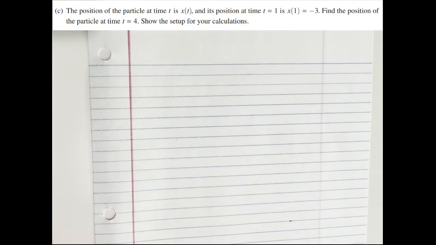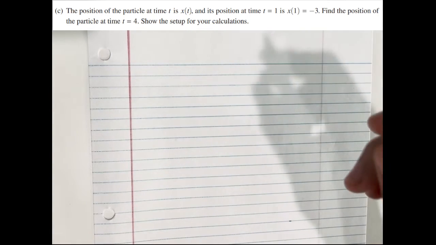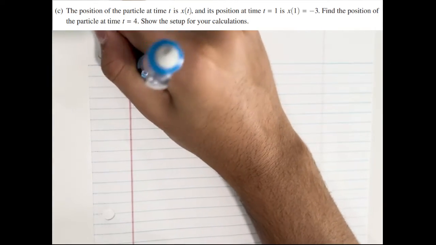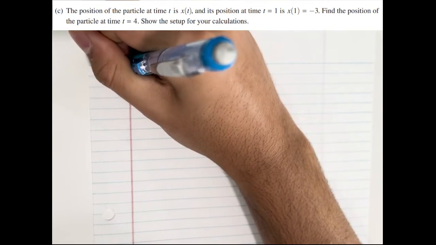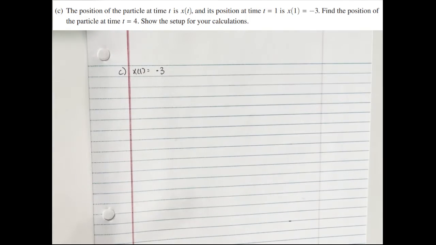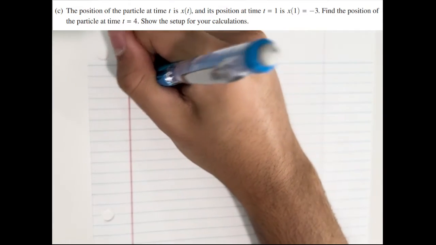Question C asks, the position of the particle at time t is x of t, and its position at time t equals 1 is x of 1 equals -3. Find the position of the particle at time t equals 4. Show the setup for your calculations. Okay, so we know x of 1, and we know v of t.